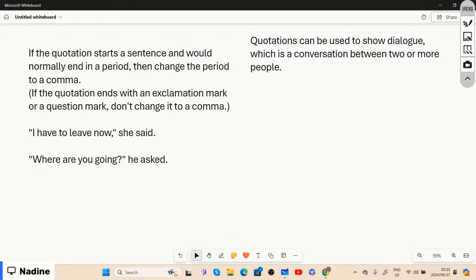For example, somebody asking how are you and you saying good, or asking another question. That is already a conversation between two or more people. It is a dialogue. But if you want to directly say what the next person had said, you need to put that in quotation marks.